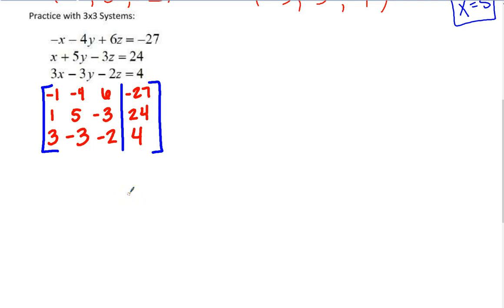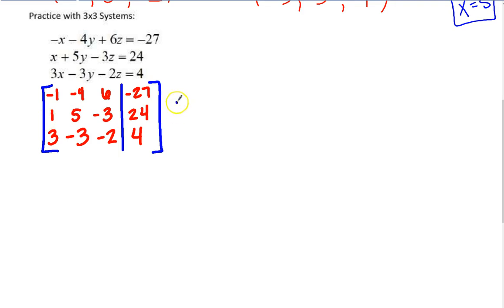Beautiful. So when you're doing Gaussian elimination, the first thing we have to do is get zeros here. Either here or here. One of these two numbers here has to be a 0. So if I don't look at this bottom equation right now, and I add these equations together, negative 1 plus 1 looks like it's going to give me a 0, right? So that's what I'm going to do. I'm going to add this first equation and this second one together.